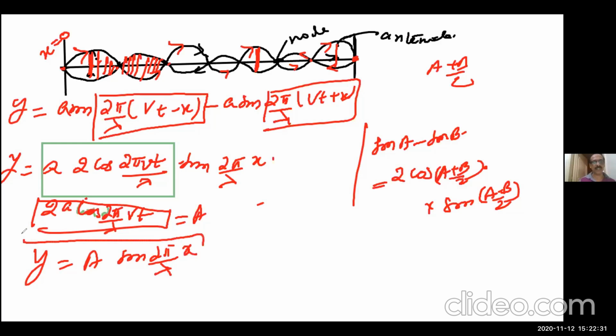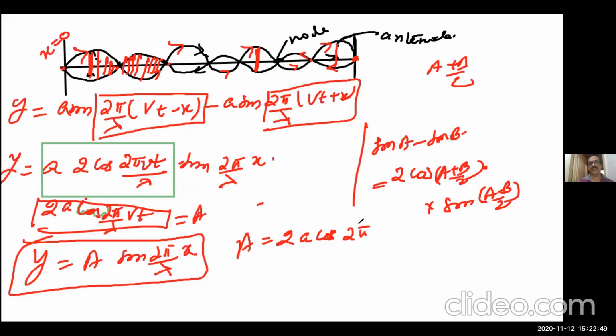This is the expression for a stationary wave. Here A is equal to 2A cos 2 pi by lambda Vt.